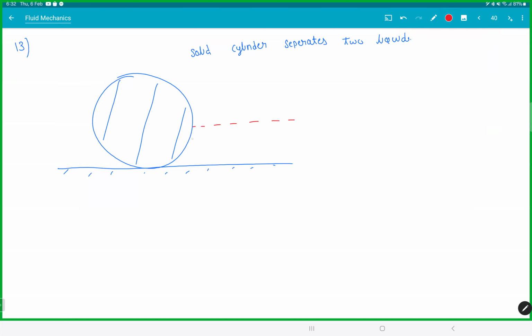On one side you have a liquid, density 2 rho, height is r, the radius. On the other side, you have a denser liquid, 3 rho, and the height is h. Suppose if the heights are not equal, if one side height is more, what will happen? The cylinder will go left or right. So find h if the cylinder is at rest.